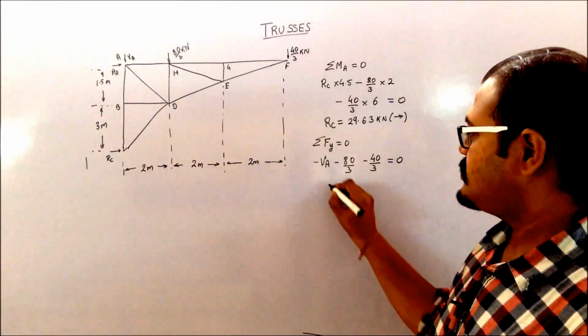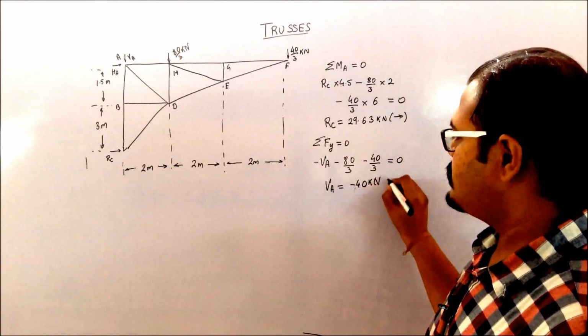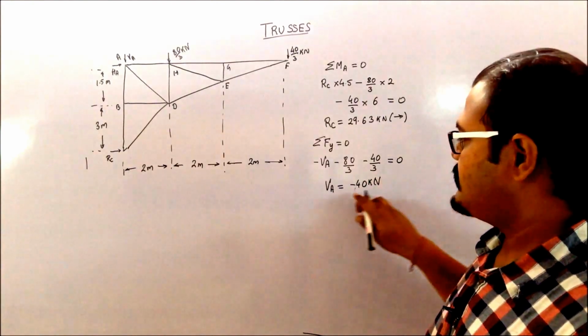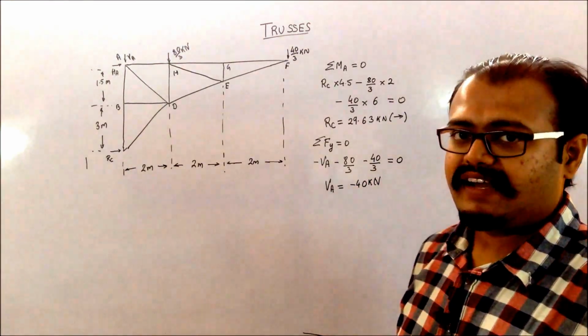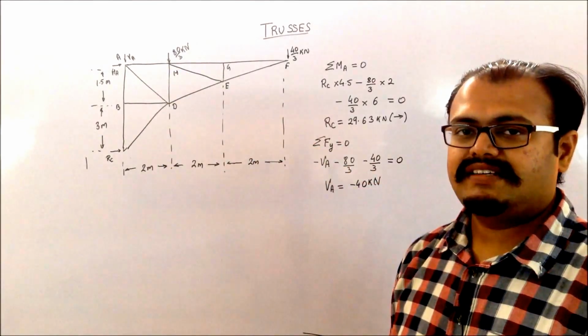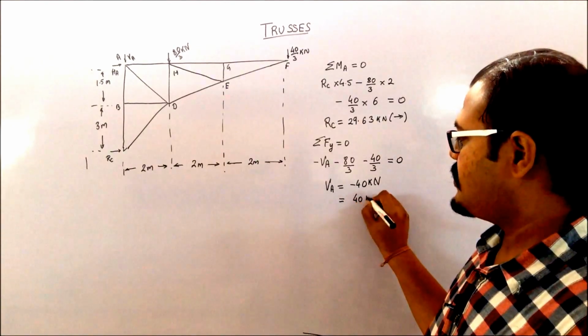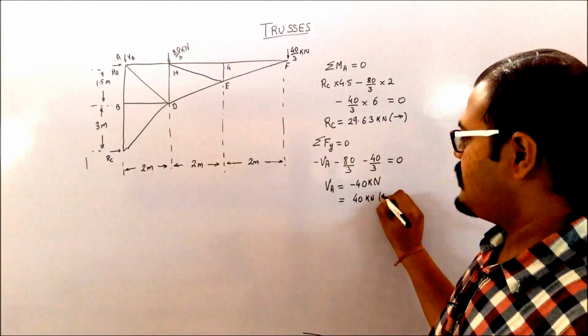Equating this to 0, I get the value of VA as minus 40 kilonewtons. Since it has a negative value, whatever direction I had assumed for VA is actually wrong, and it should be the opposite one. So that gives me 40 kilonewtons in the upward direction.